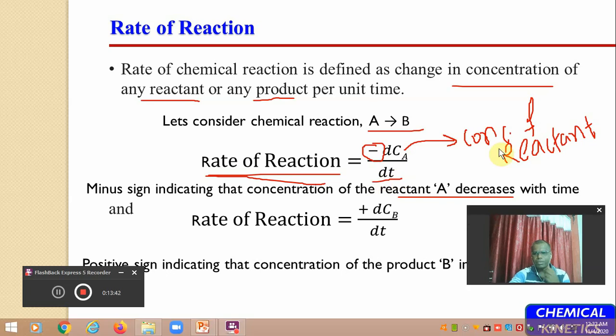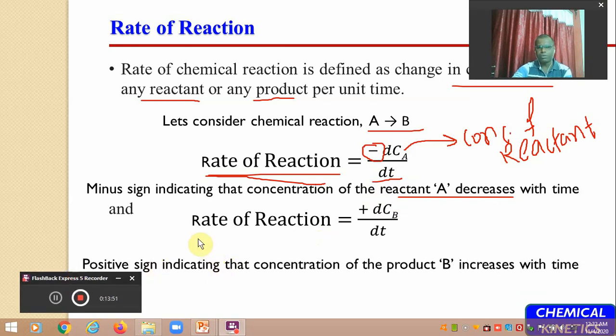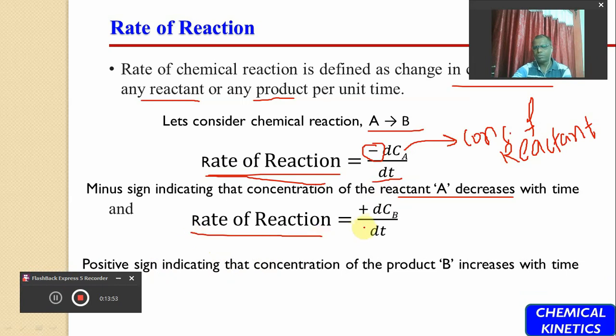Again, the rate of reaction can also be defined in terms of concentration of product, and that is simply rate of reaction equal to plus dCB by dt. Here, this C suffix B is the concentration of product, and it has the positive sign.